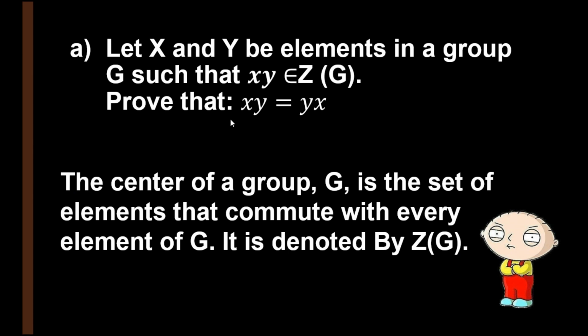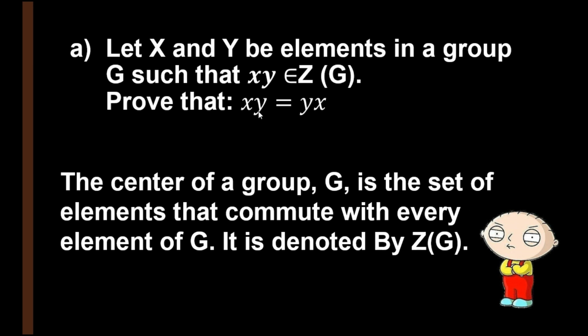Now since we are required to prove that xy is equal to yx, we will multiply by the inverse of x on this side and on this side. Since this is an equation, what we apply on this side, we have to apply on this side as well.